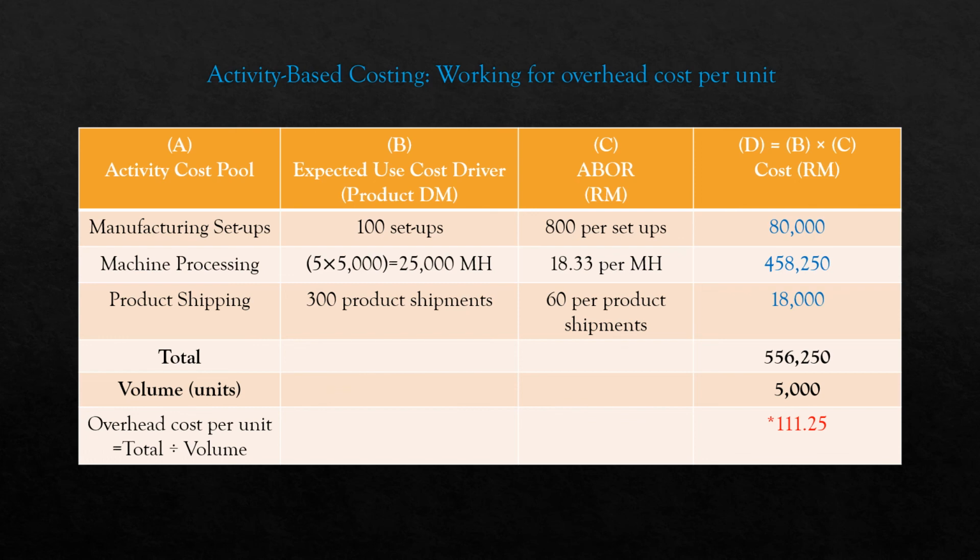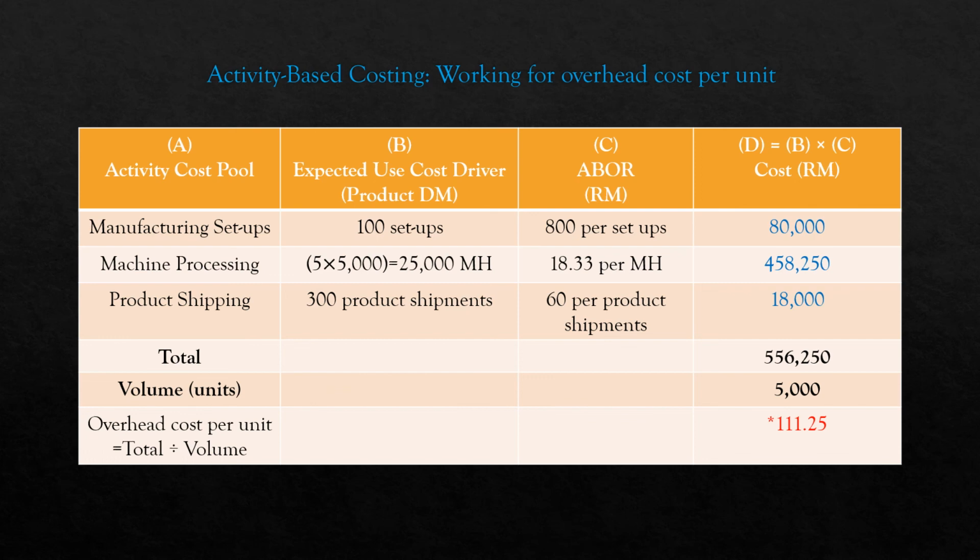After multiplying these two amounts, you will get the answer of 458,250. And last is product shipping. The expected use cost driver for product DM is 300 product shipments and the absorption rate is 60 per product shipment. 300 multiplied by 60 is RM 18,000.